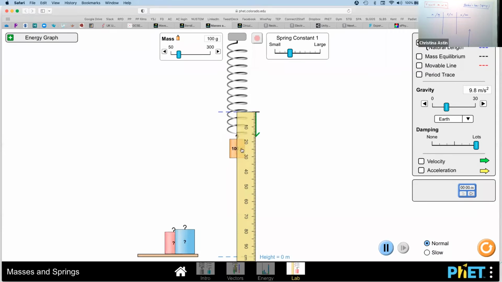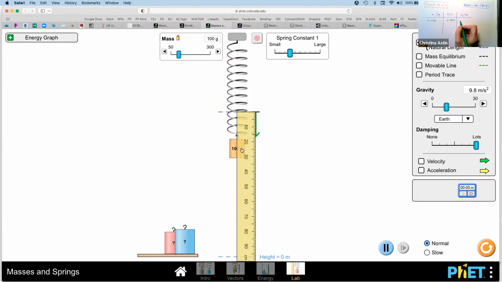So on my results table, we've got a mass of 100 grams, so that's 0.1 kilograms. That, of course, is a force of 0.980 newtons. Or maybe you take g as 10, in which case multiply by 10.